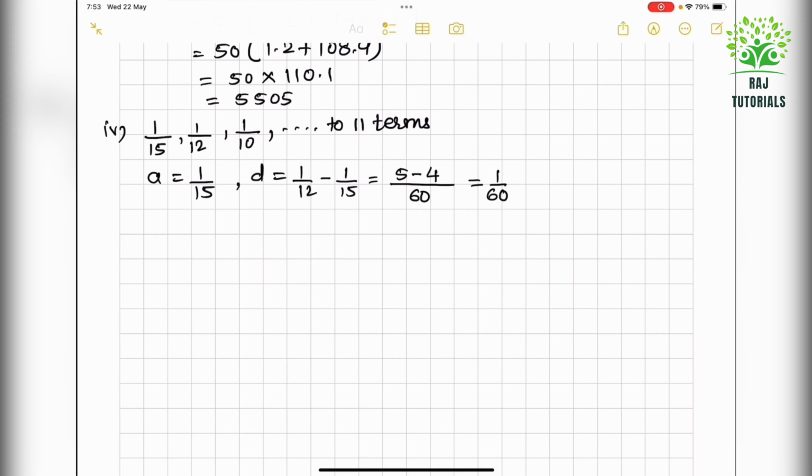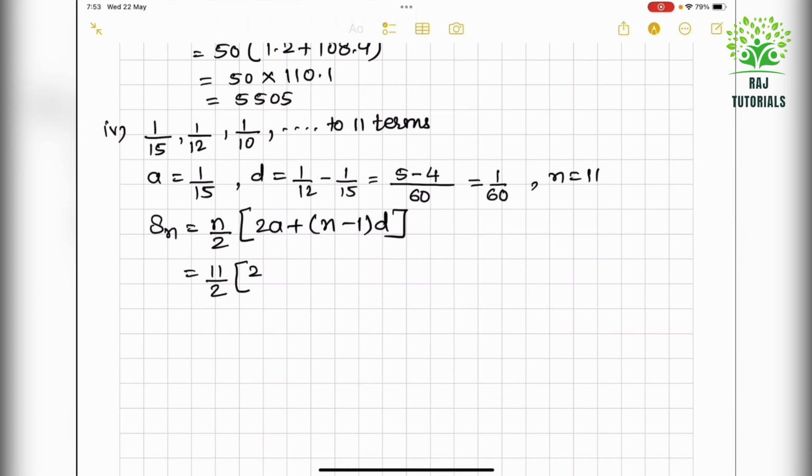Now n equal to 11. So formula is Sn equal to n by 2 into [2a plus (n minus 1)d]. So putting the values, 11 by 2 into [2 into 1 by 15 plus (11 minus 1), so 10 into 1 by 60].